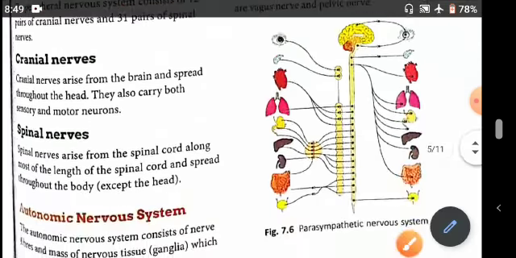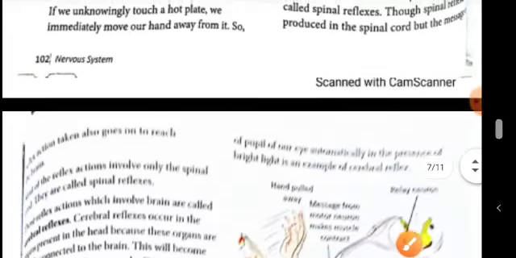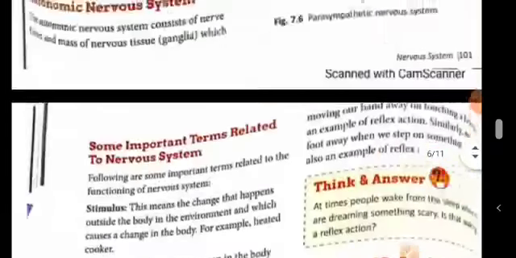Now the figure given here shows the sympathetic and parasympathetic nervous system.